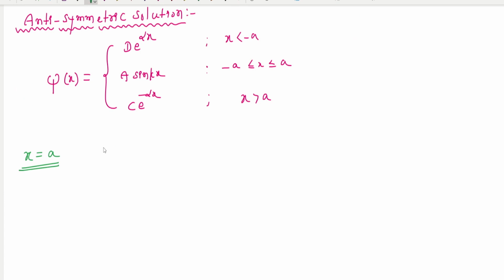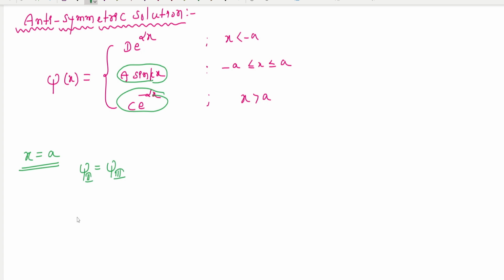For simplicity, I'm going to use these two conditions. You can use any one of these equations. This one is region 2. You can match the solution with this equation or this equation. You need to match with region 3, so for that you need to use the region 3 solution. So the region 2 solution is equal to region 3.